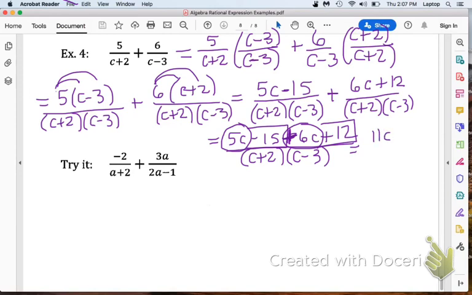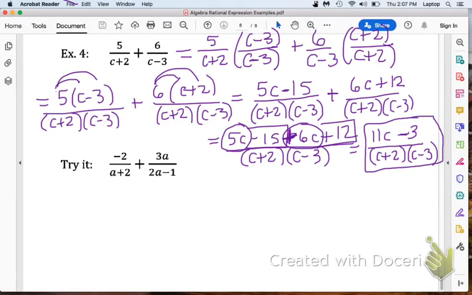The negative 15 and the positive 12 is minus 3. Okay, that whole thing is over your (c plus 2)(c minus 3). Now, we cannot cancel anything because 11 and 3 do not have anything in common for us to factor out. So we cannot simplify it further, and therefore this becomes the solution.